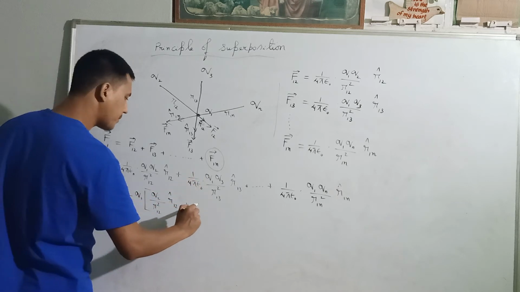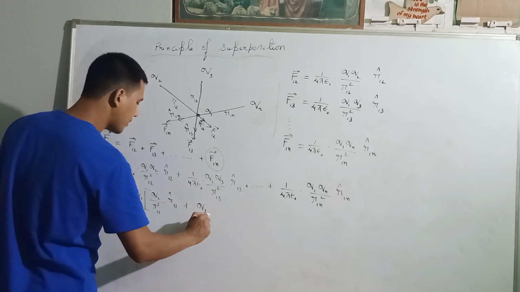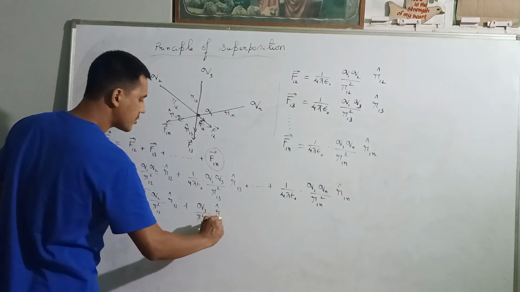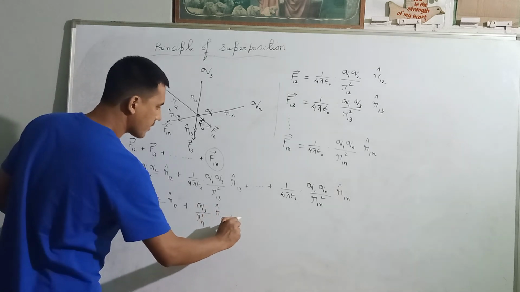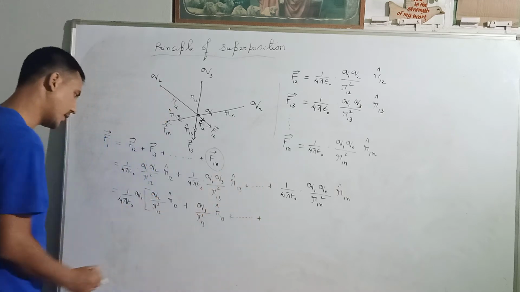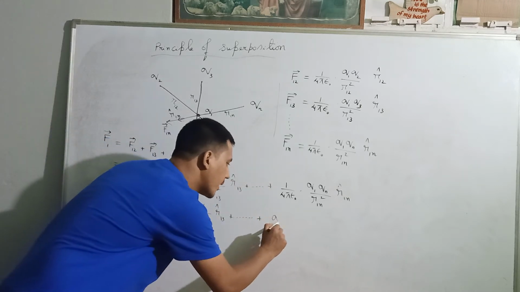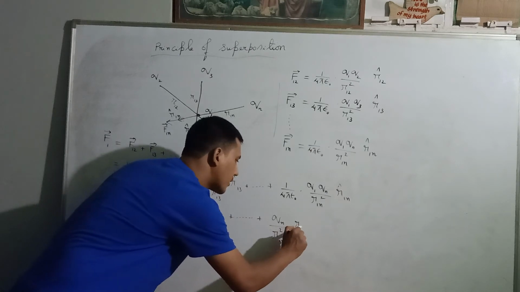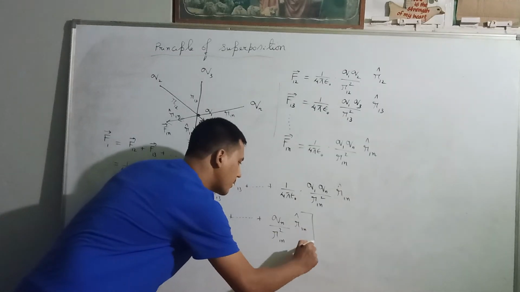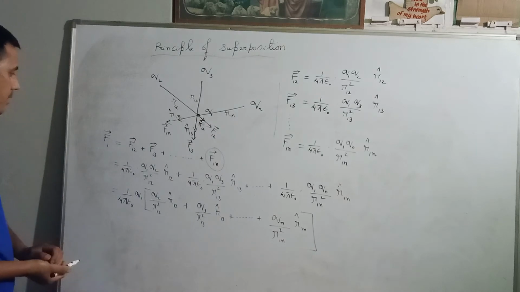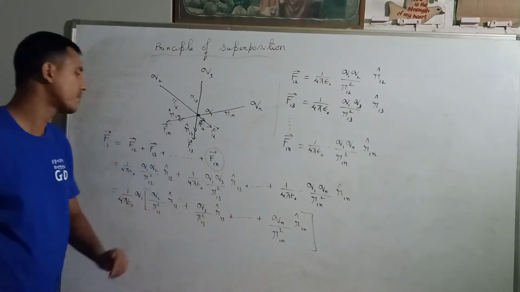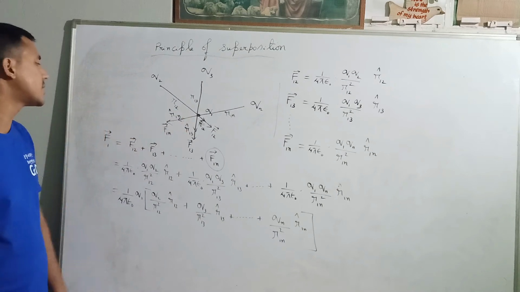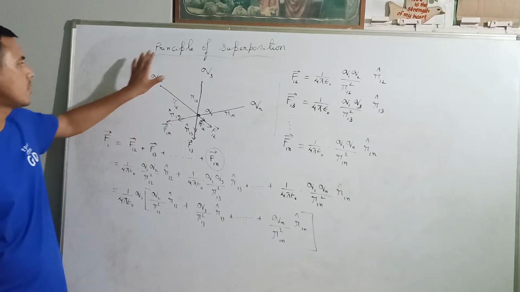Here we have Q3 by R13 square with unit vector R13, and so on, plus we have Qn by R1n square with unit vector R1n.